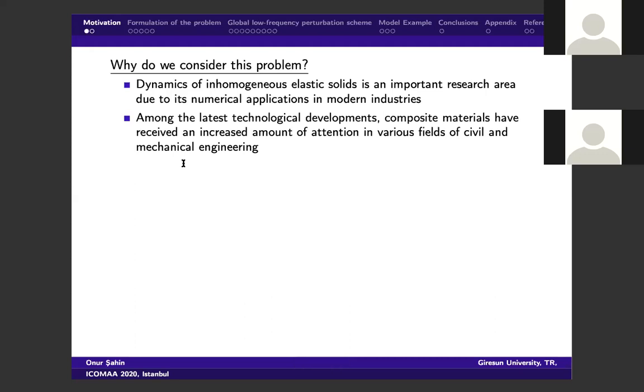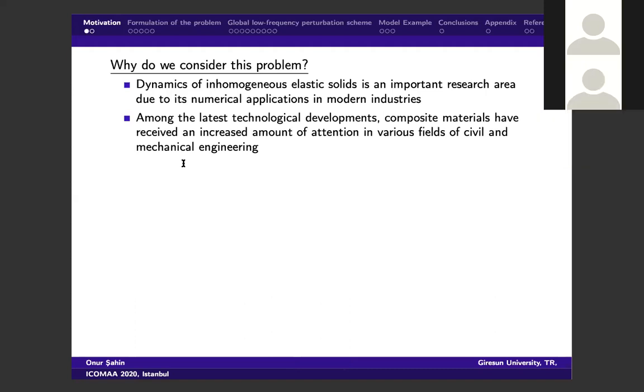Among the latest technological developments, composite materials have received an increasing amount of attention in various fields of civil and mechanical engineering. Laminated glass beams and plates, photovoltaic panels, and functionally graded materials can be given as examples.